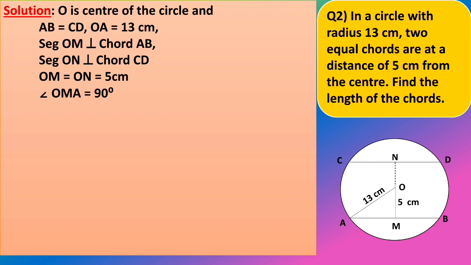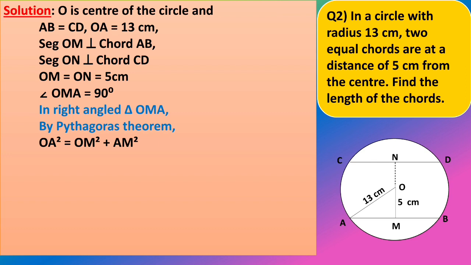Now angle OMA is 90 degrees. So in right angle triangle OMA, by Pythagoras theorem, square of OA equals square of OM plus square of AM. Substitute the value of OA as 13 and OM as 5.